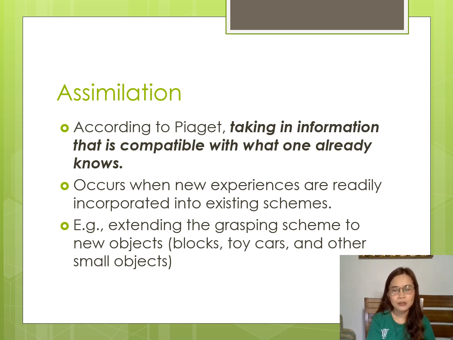Kasi, meron na siyang rooting, sucking scheme na nasa mind niya, na nakakategorize na that everything that touches his or her cheek can be sucked, or is food, na pwedeng kainin.